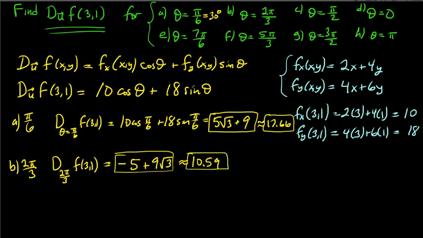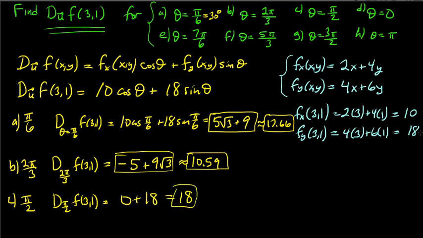All right, what about pi over 2? Well, cosine of pi over 2 is 0, and sine of pi over 2 is 1. So you just get 18.